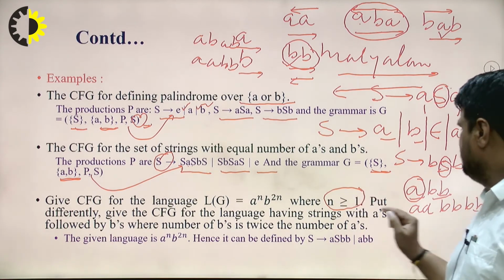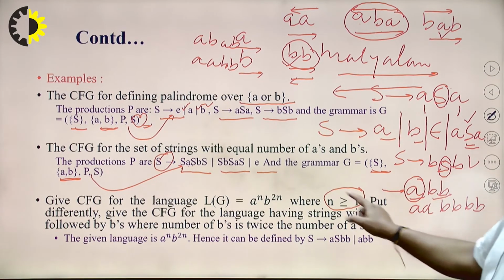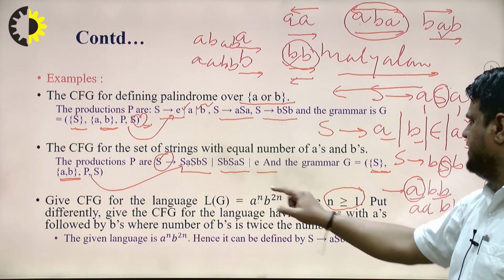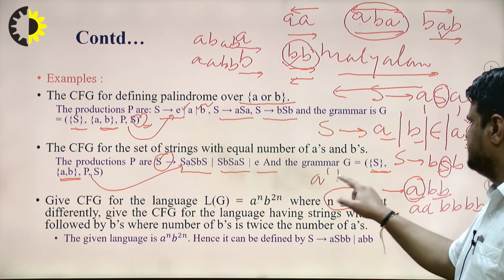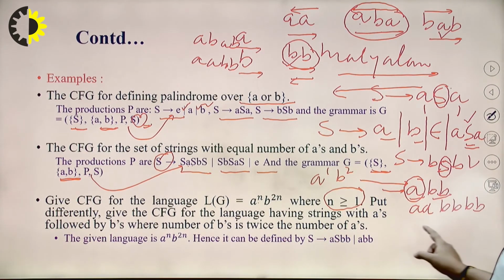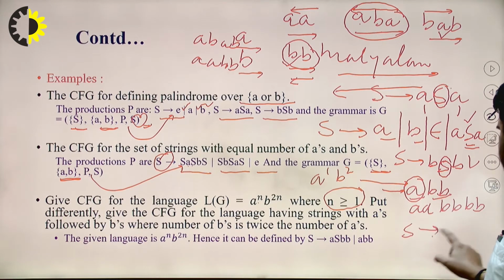Meaning the minimum string will be A, B, B. A is power 1, B is power 2. So the minimum string will be this one. So S derives the minimum string A, B, B, right?